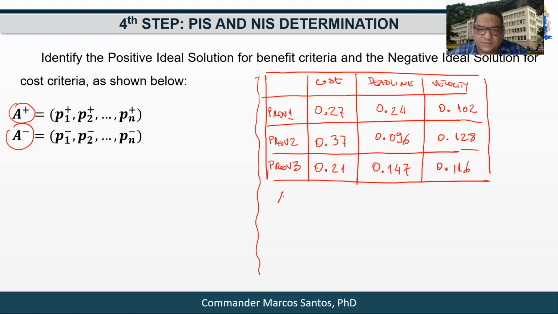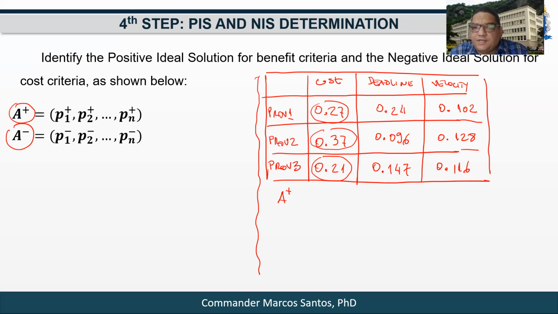So positive A is, we have 0.27, 0.37, and 0.21.